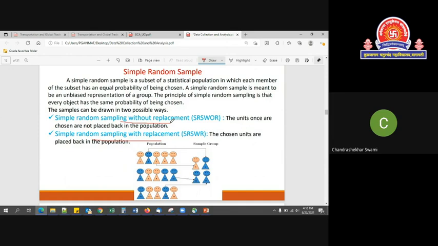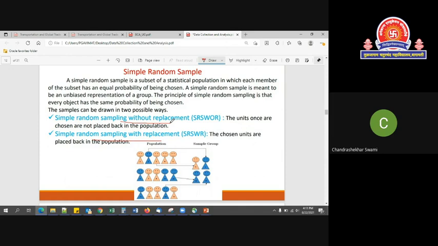Then there are the remaining 9 bikes in the parking. After studying the mileage of the first bike, I replace it in the parking and again select one bike randomly from the 10 bikes. Such a type of sampling is simple random sampling with replacement.